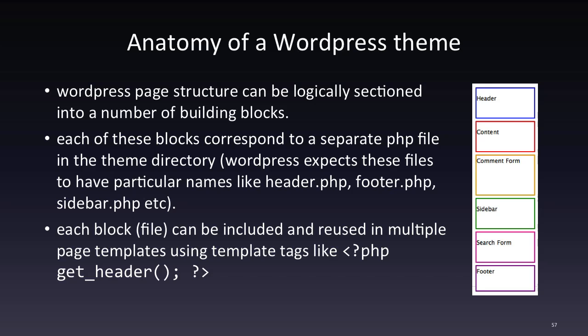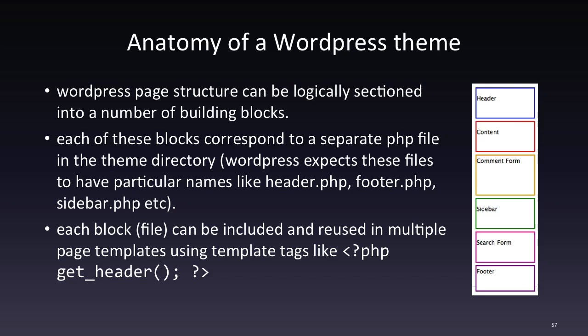And they're pretty logically named. For example, the header section, it expects to be called header.php, and then you've got footer.php and sidebar.php for those parts as well. Each block, each file, can be included and reused in multiple page templates using template tags, like the get header template tag here.